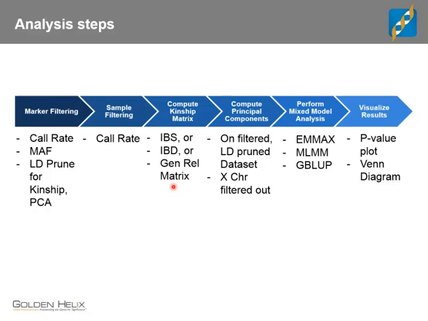Principal components should also be computed on the filtered LD pruned dataset with X chromosome removed. Mixed model analysis is next. Principal components can be included as additional fixed factors or not, but the analysis should be on the filtered but not pruned dataset. Results can be visualized in a p-value Manhattan plot as well as in a Venn diagram of the top results.